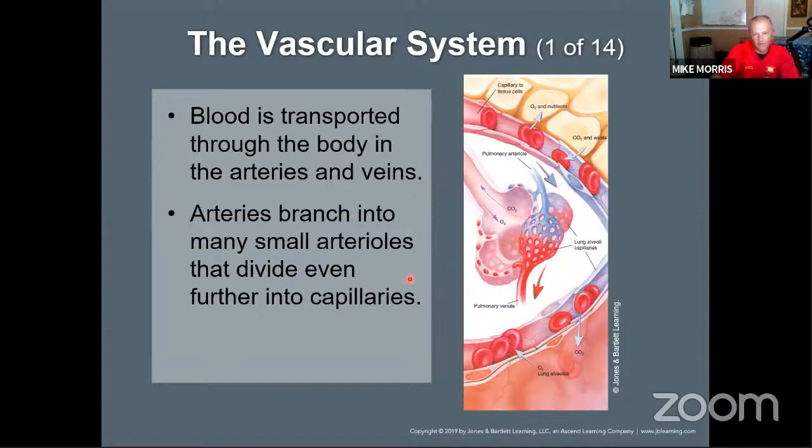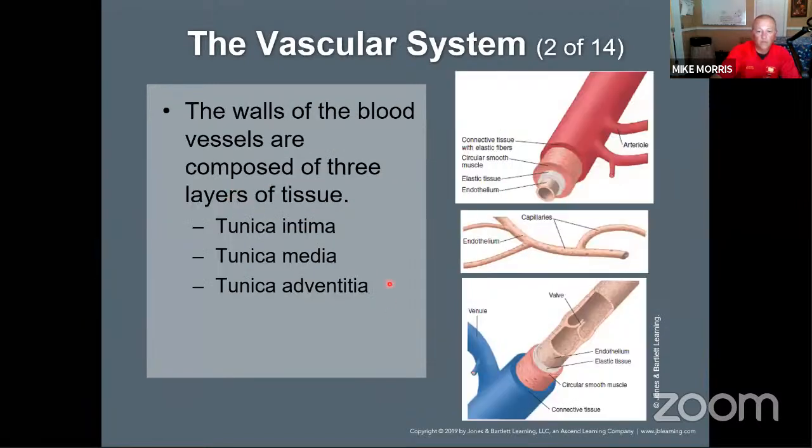That's why a lot of the stuff is in here. Well, you know it, we covered it in depth. So remember this, okay? The walls of the vessels and how you've got the tunica intima, media, and adventitia. So know those.